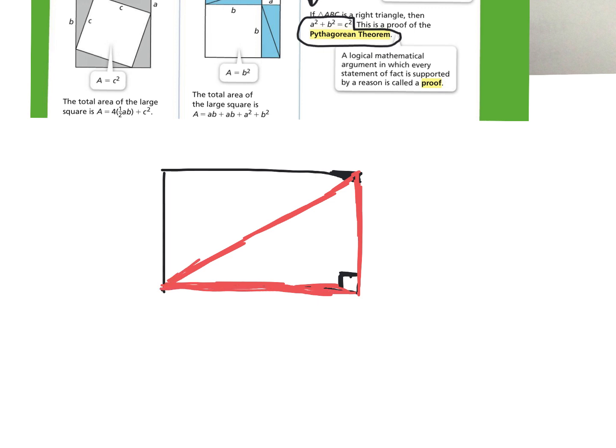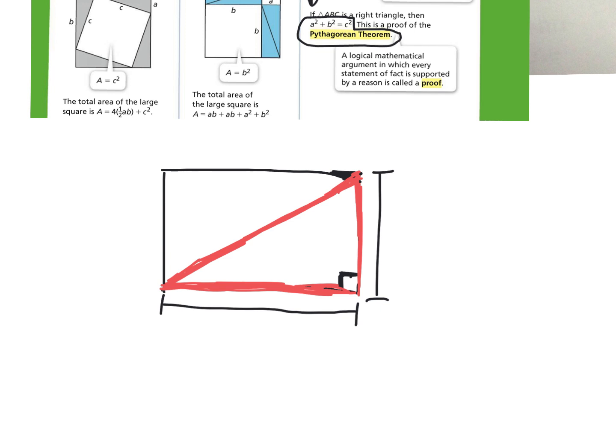So what they can do when they build houses is measure how long this wall is, measure how long this wall is, and measure the diagonal. That would tell them if they have an exact 90-degree angle where those two walls meet.